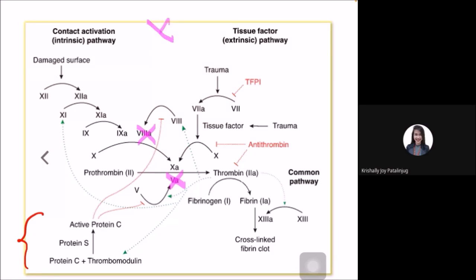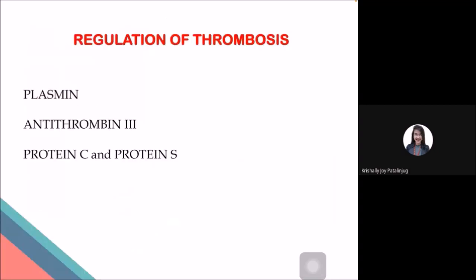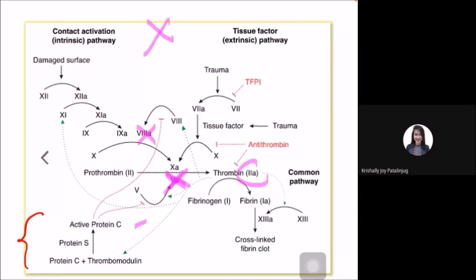Okay? Therefore, with protein C and protein S, walang 5A and 8A. We would conclude na wala na rin si 2A. Wala si thrombin. Okay, so kung wala si 5A, 8A, ang tendency walang 2A.